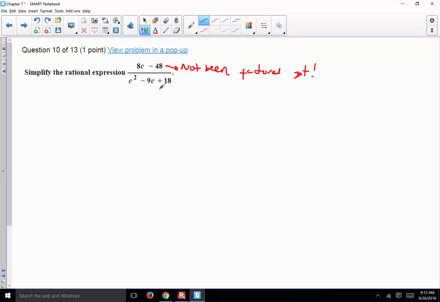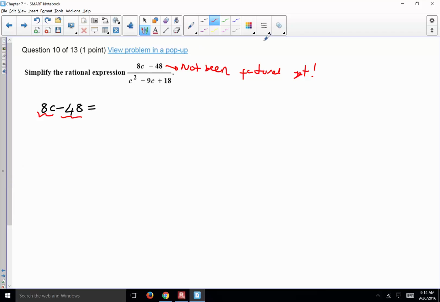So how do you factor top and bottom? We start with the top. I need you to factor this. Most common, most basic method we always apply in any factoring question is to search for GCF, greatest common factor. Do you see anything common between these two terms? Anything? 8c, 48, nothing.